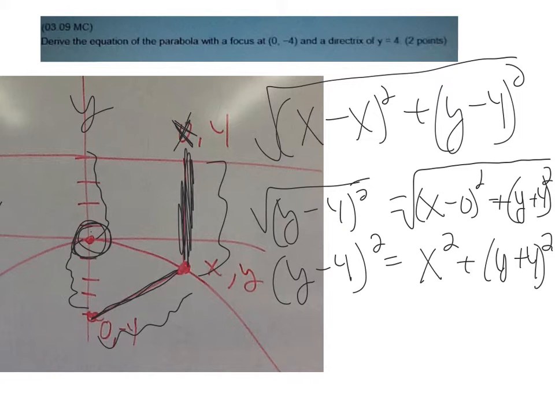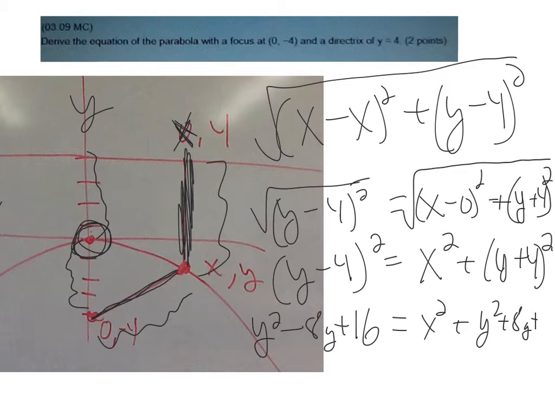Now I've got to expand this all out, and I'll leave it to you to show that this is y squared minus 8y plus 16 equals x squared plus y squared plus 8y plus 16.